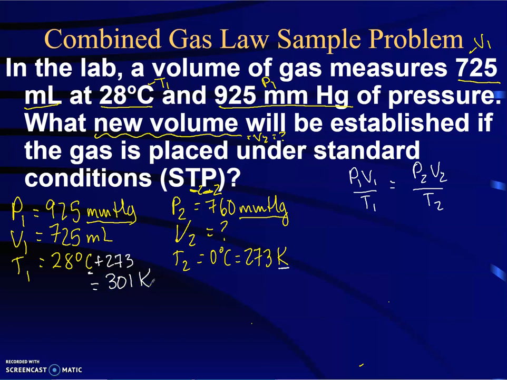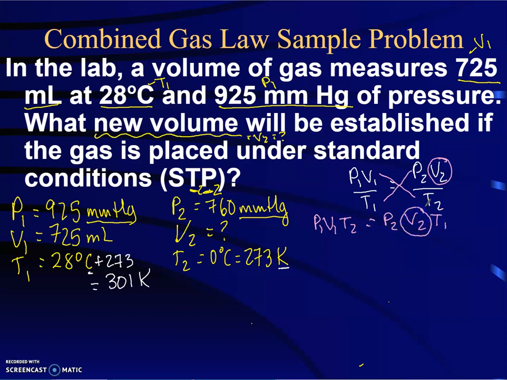For these problems, I really like to substitute everything in after we isolate the variable that we want. It's just less writing. So if we cross multiply and divide, solving for V2, we get P1 V1 T2 equals P2 V2 T1.